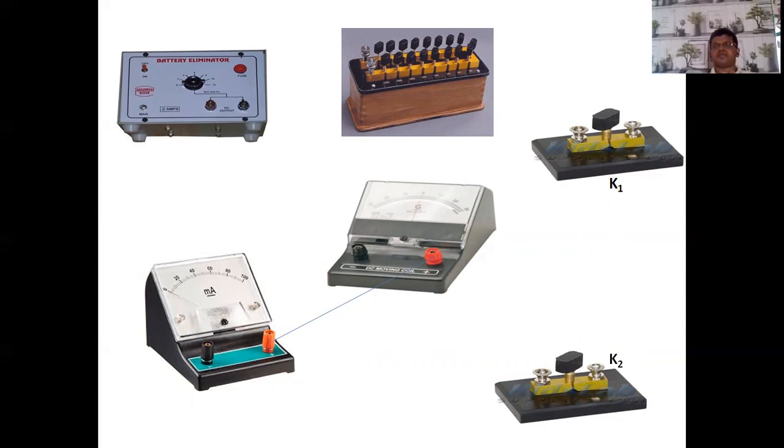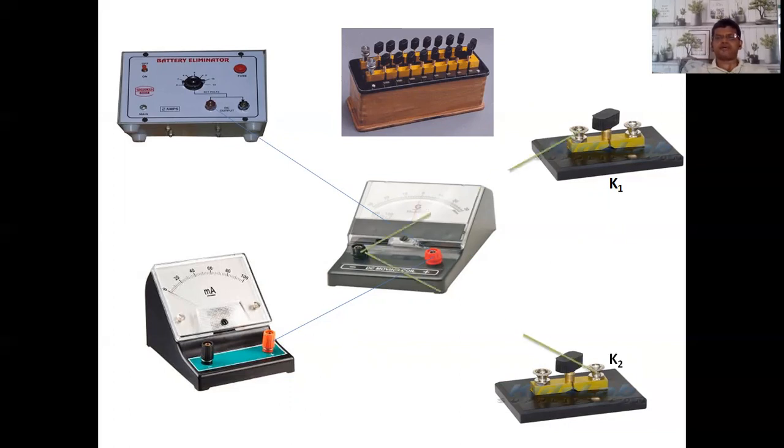From the G meter plus, we connect two terminals: one wire goes to the milliammeter plus and the second goes to the battery plus. Now from the G meter minus, we connect both the simple keys K1 and K2.